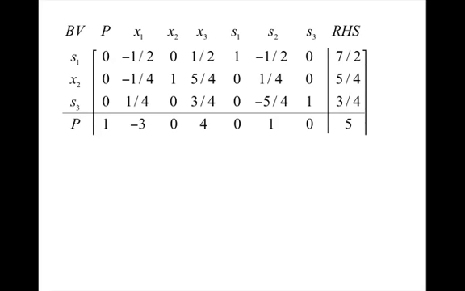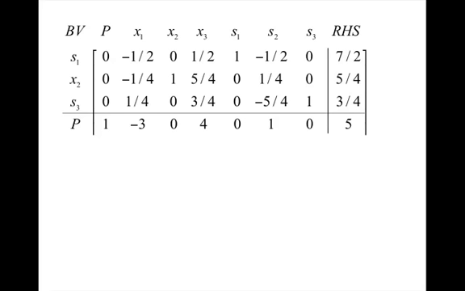My new row 3 was 0, 1/4, 0, 3/4, 0, -5/4, 1, and 3/4. And then my new row 4 was 1, -3, 0, 4, 0, 1, 0, 5.